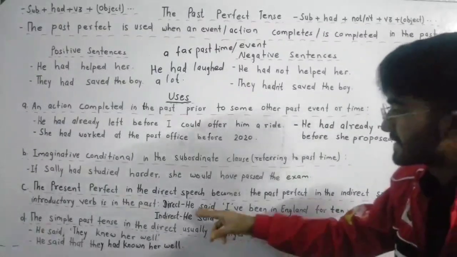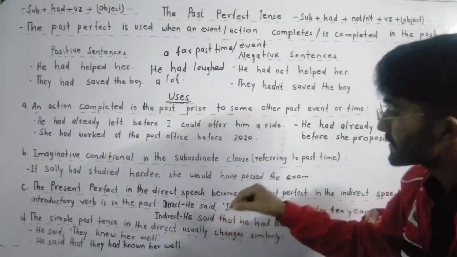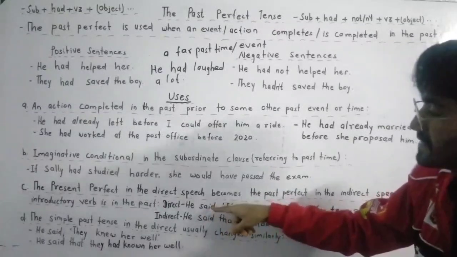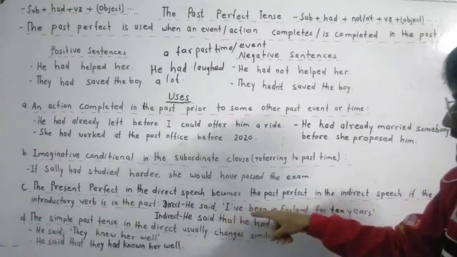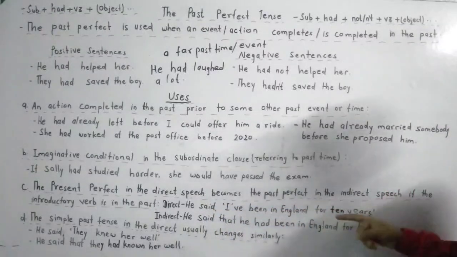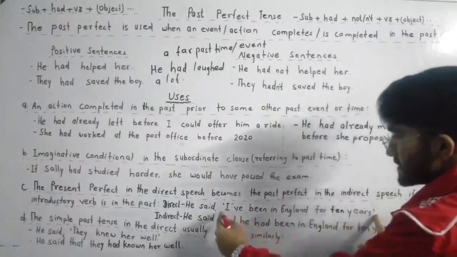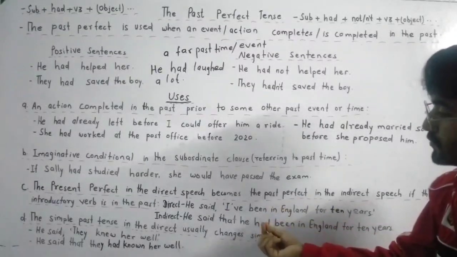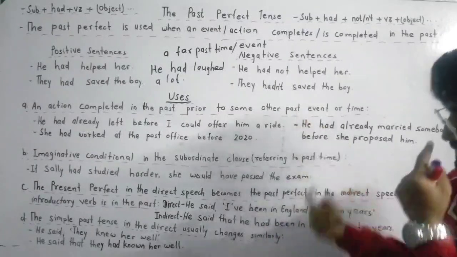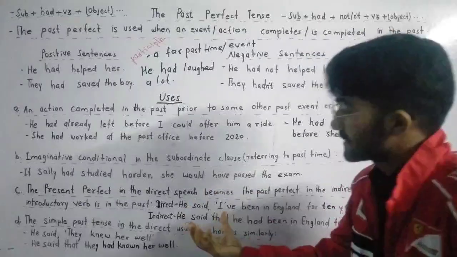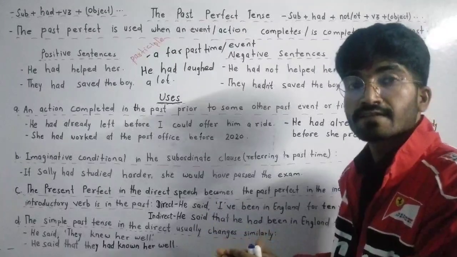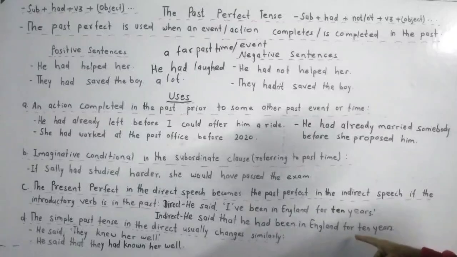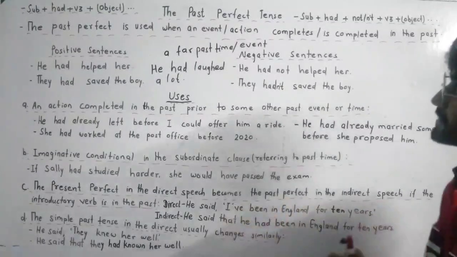He said, "I have been in England for 10 years." This is a present perfect sentence, and we change this into the past perfect tense with the same meaning. See, he said that he had been in England for 10 years, and this is how we can use the past perfect tense.